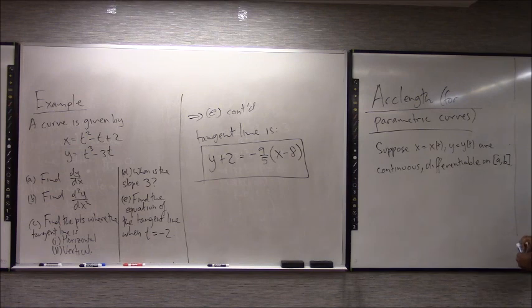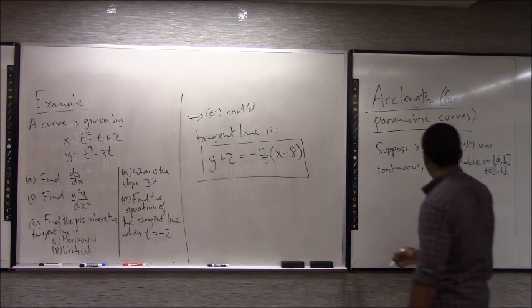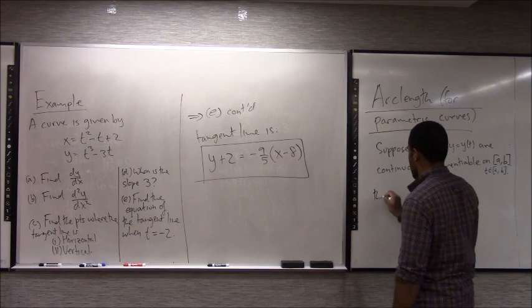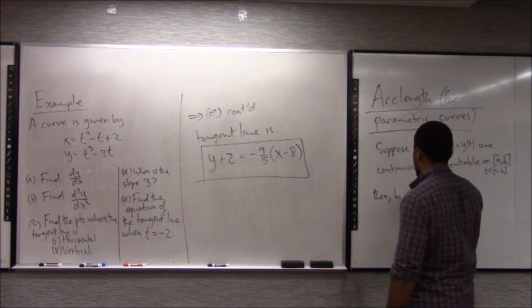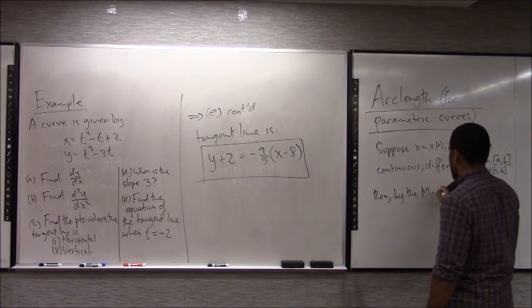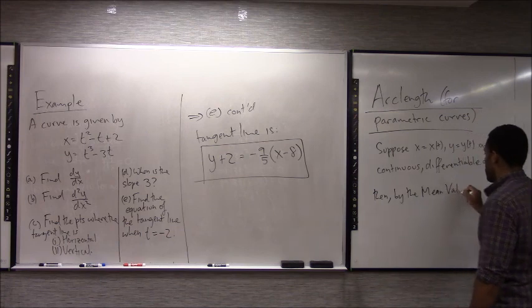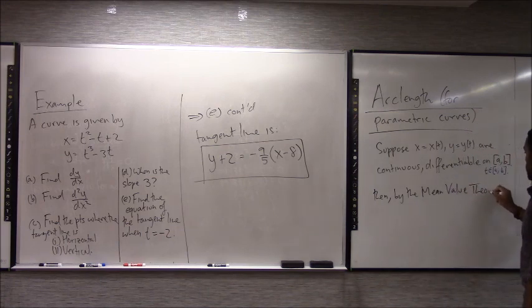My AB is the t coordinate, so my t is in AB. Then by the mean value theorem, we're going to use the same theorem that we used to prove the other one.